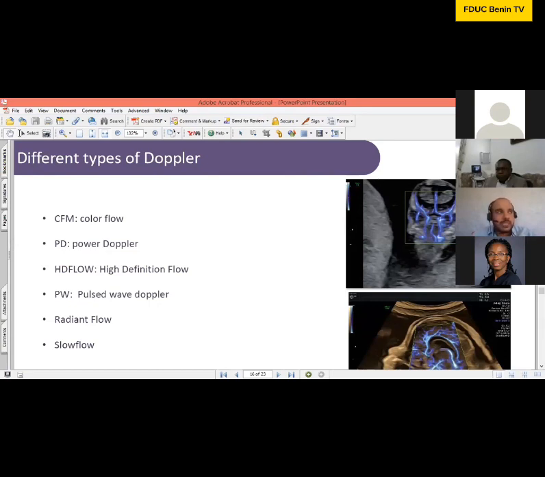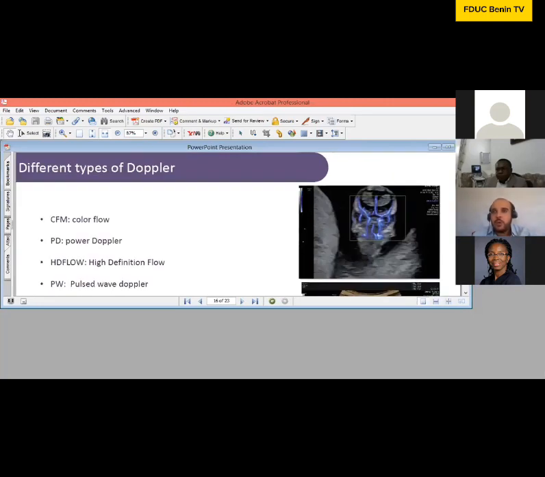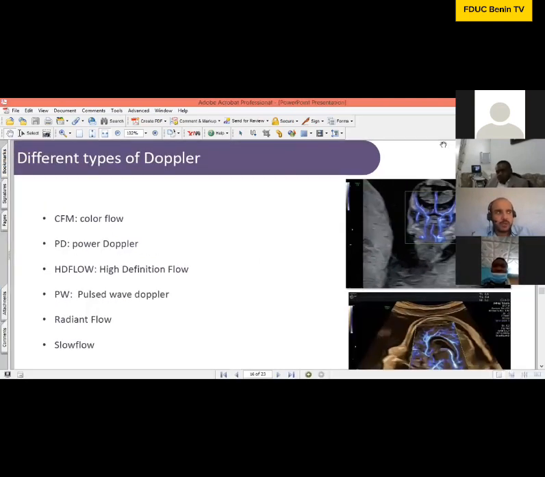And don't forget, please, that a good 2D image quality will always have a good impact on the color Doppler imaging and on the 3D and 4D acquisition. That's why it's really important to have a good image resolution on 2D, and that's why it's good to always optimize the image.